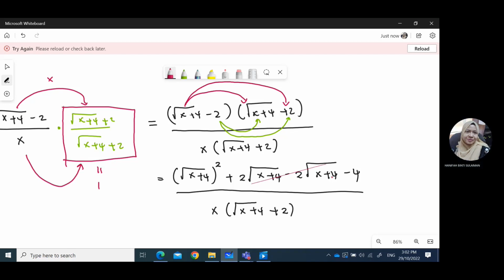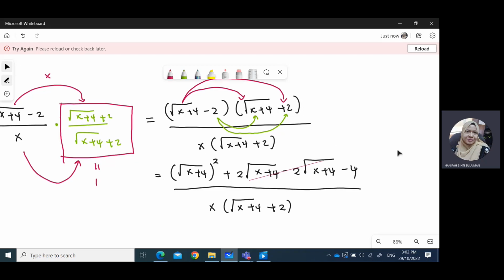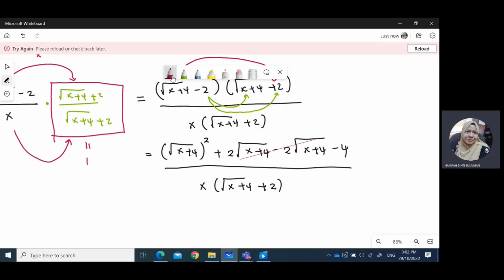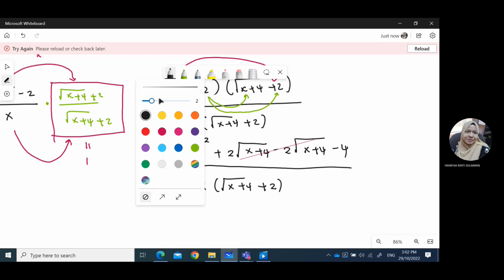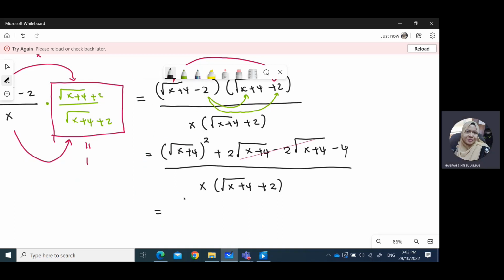Now the first term is equivalent with x plus 4, because the square root power 2, dia akan hilang lah square root tu. Then minus 4, over x times square root x plus 4 plus 2.